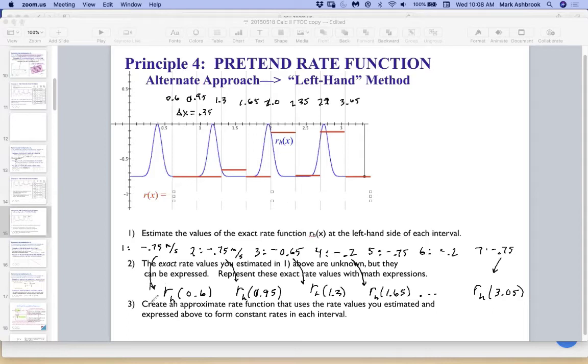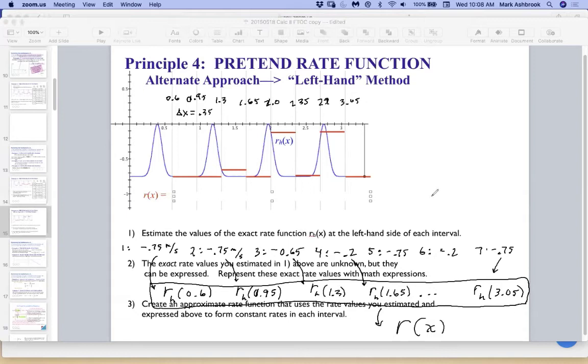So all these rates taken together form our R function. The approximate rate function based on the left-hand method, or the exact rates at the beginning of every interval. So this is what's called a piecewise function, R sub x. Usually we write it vertically. R sub h of 0.6 over the interval from 0.6 to 0.95.